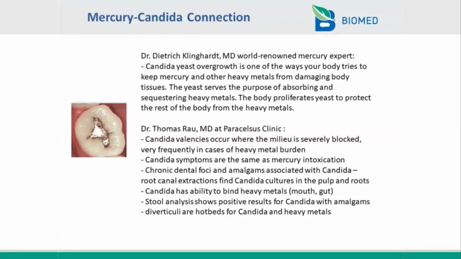Some of the ways that, as practitioners, you can check to see the different valent form your patients' Candida is presenting is through stool analysis to confirm Candida. Also, you want to check with patients that have amalgams, because if they have amalgams and they're having a Candida issue, you can safely assume those are connected. The more amalgams a patient has, the higher the mercury load in the body.